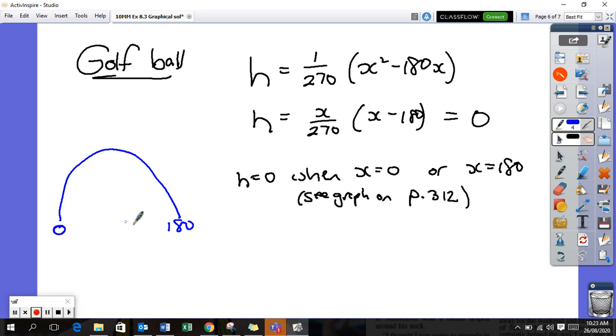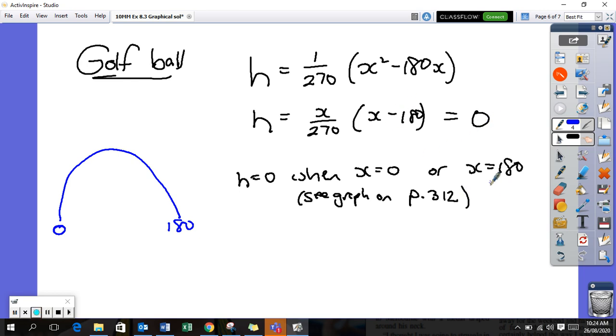So x is how far it's travelled along the ground. Okay, and the reason for that, if we factorise this expression, take the x outside the brackets, we get these two numbers multiplied together. If we make that 0, x either has to be 0 or x has to be 180. Okay? We have to have a 0 there to get a 0 answer, or we have to have this bracket of 0 to get a 0 answer.